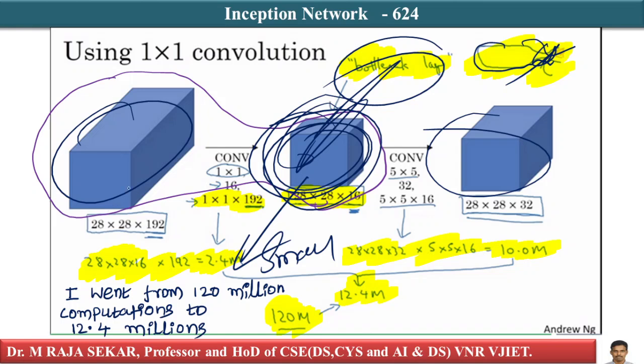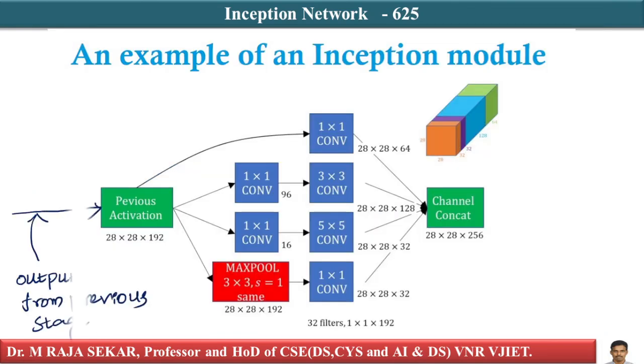So the Inception modules that they have realized should look like this, isn't it? The way they do it is like this. Suppose I have output from the previous stage, which are called previous activations.